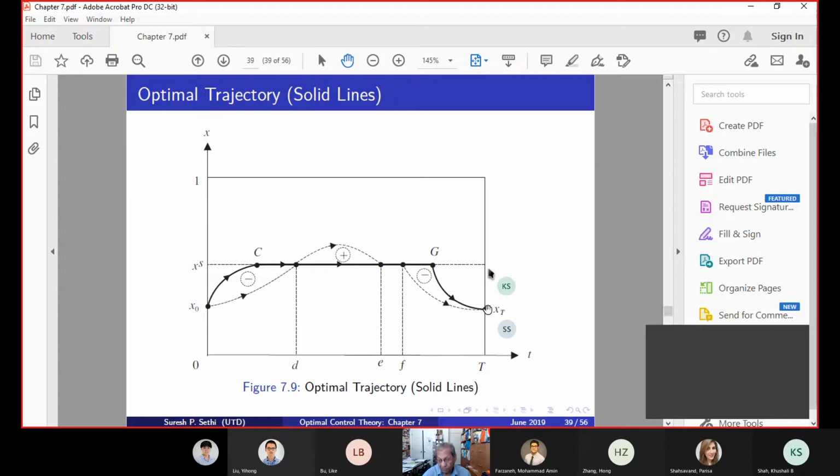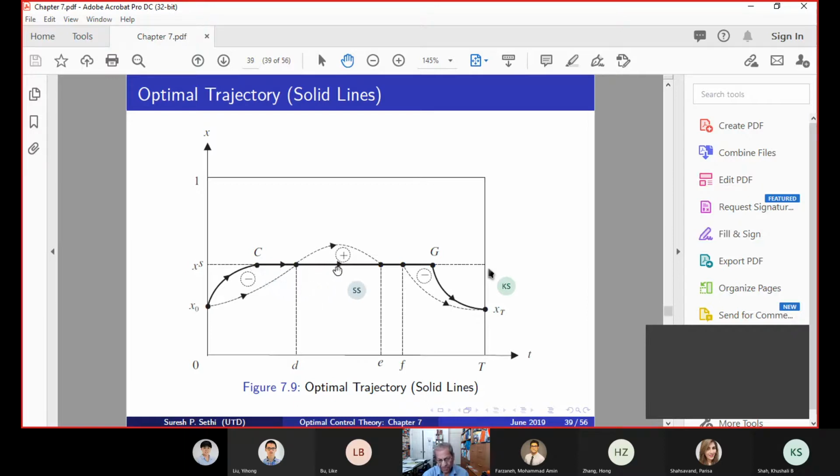I'm trying to find an optimal control that goes from x0 to xT at time capital T. It is my conjecture that, provided T is large enough, I will go from x0 to a point here using the maximum control q.